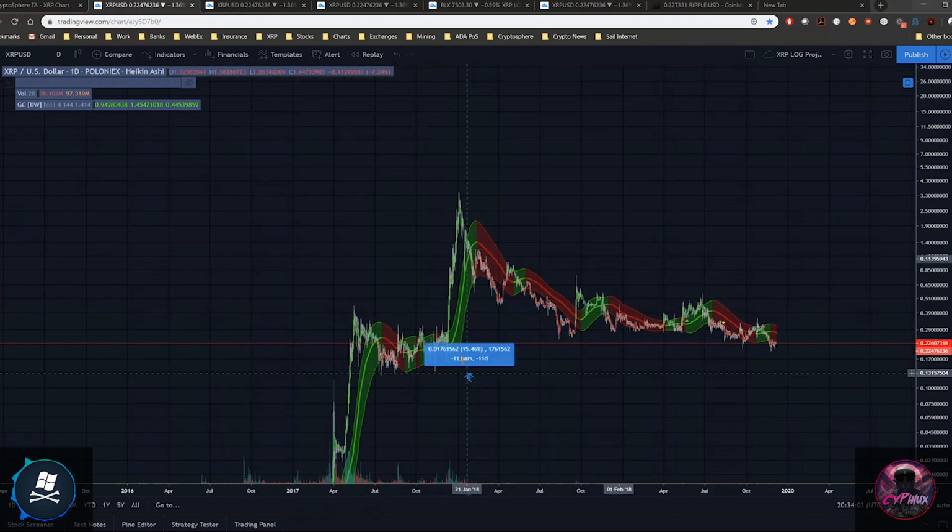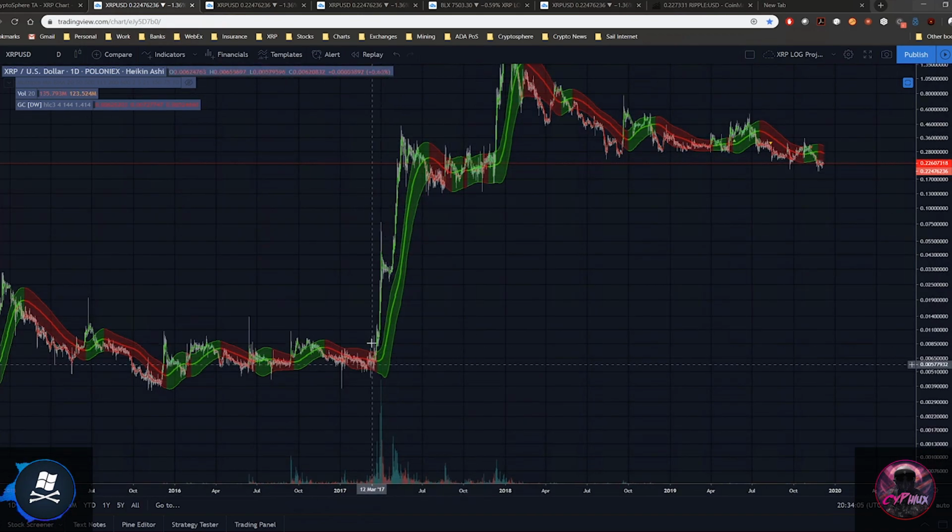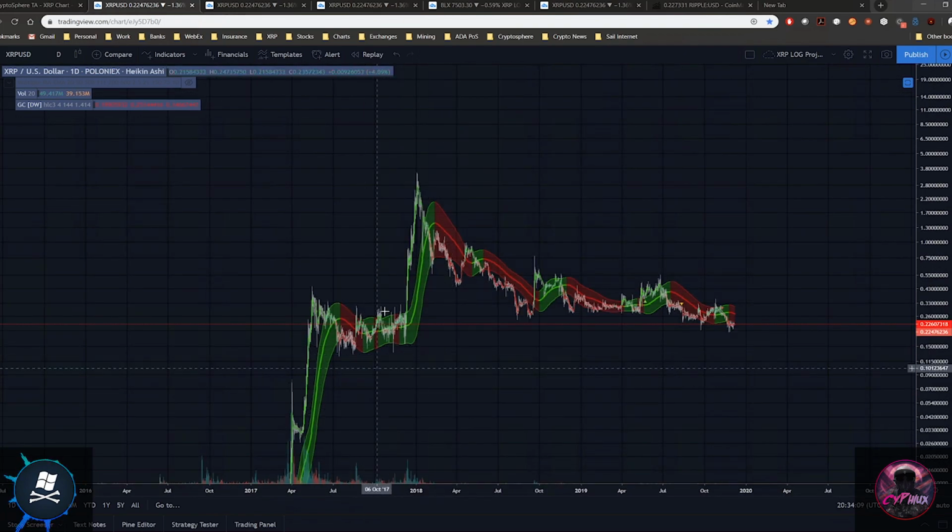Then we broke out, which is actually a bull flag. So we bull flag, we top out at an all-time high, bear market consolidation. We are still in consolidation and we are testing our prior support area right now.